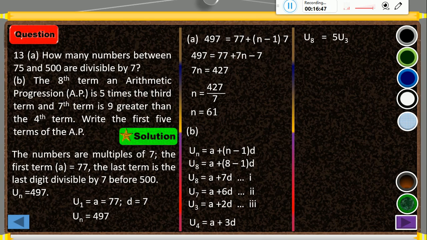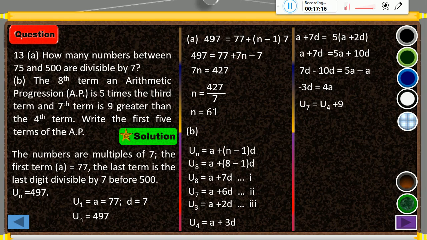But we are told that the 8th term is equal to 5 times the 3rd term. Replace that with the value of the 8th term and replace the 3rd term with its value. Then we simplify this expression. On simplification, we have minus 3d is equal to 4a.